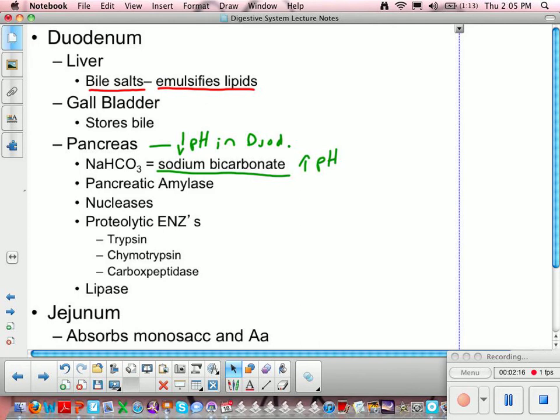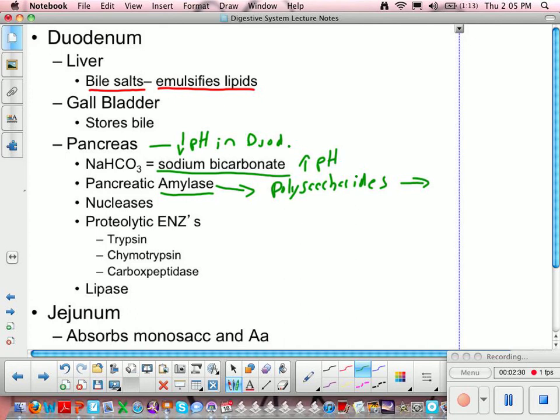And then pancreatic amylase. Amylase, same thing as the salivary amylase, is going to break polysaccharides down into monosaccharides. So we're still breaking down our carbohydrates.